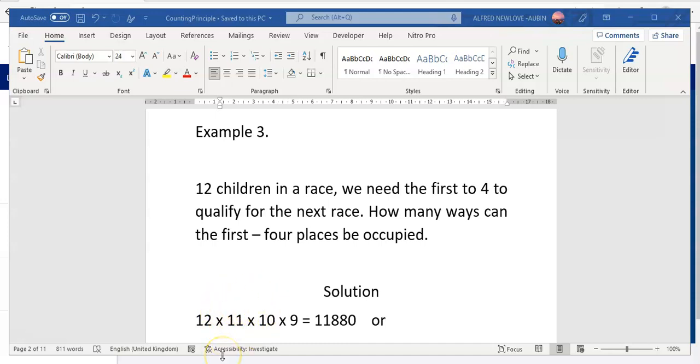Then, since this space is used, it means two spaces have been used. The next space can be filled with 10, followed by a 9. You cannot call this factorial because it doesn't continue like the previous one.